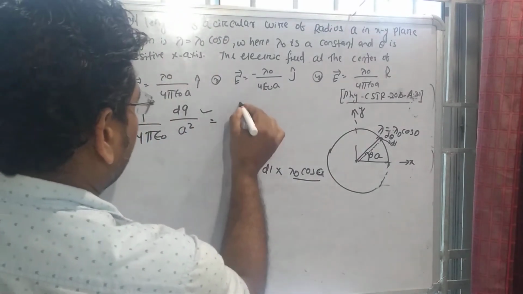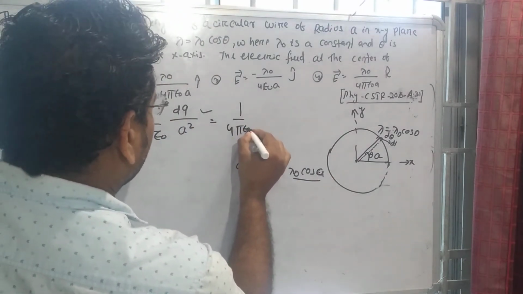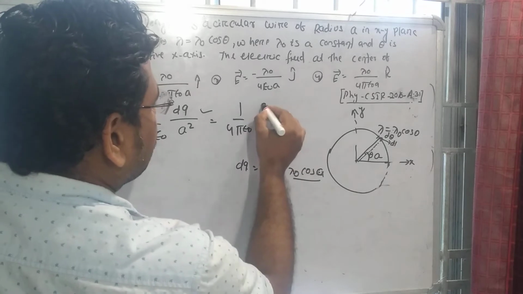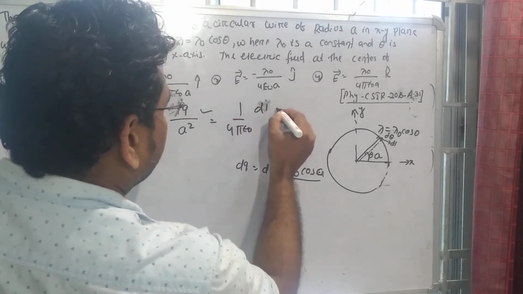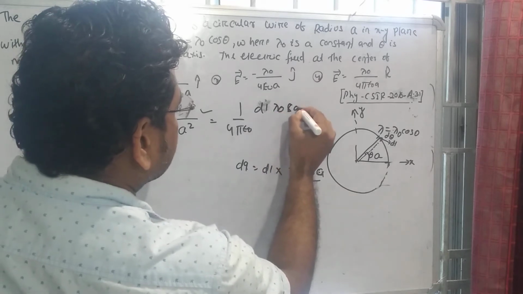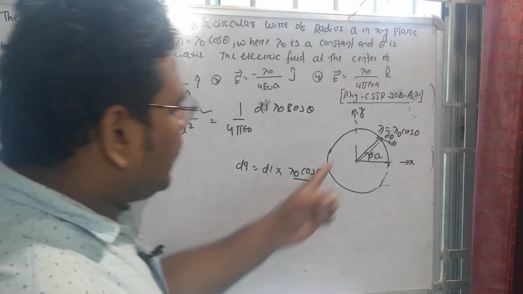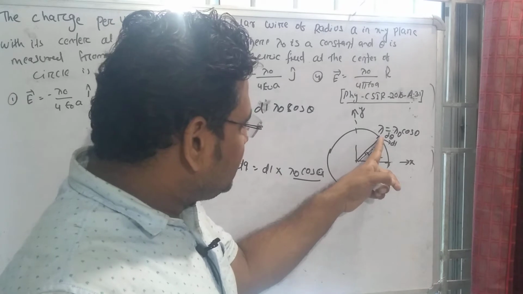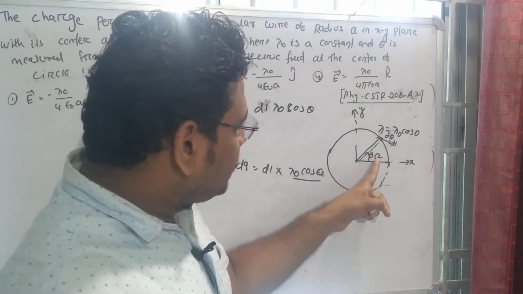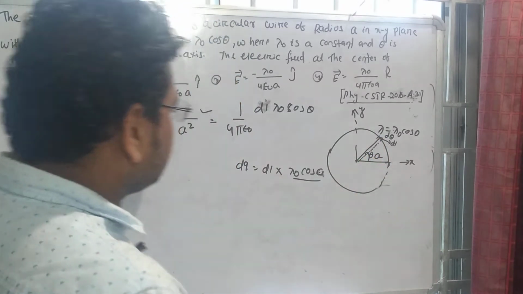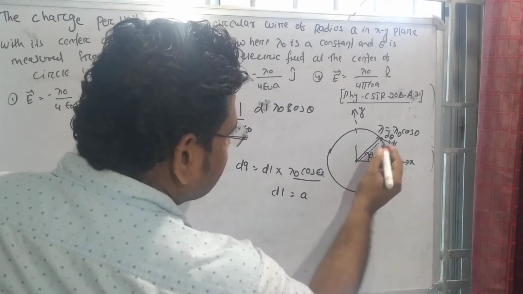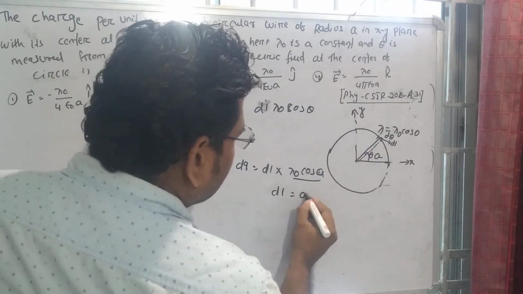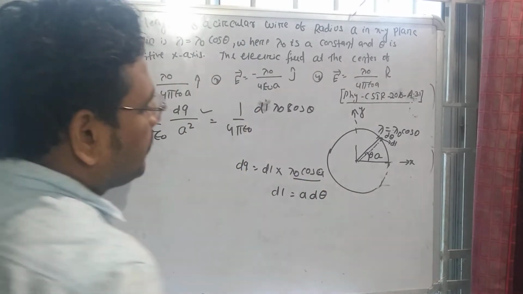So now our equation became 1 by 4 pi epsilon 0, dl lambda 0 cos theta divided by a square. But we know that we can write this dl in terms of a, the radius of this circular ring, so dl is a times d theta.